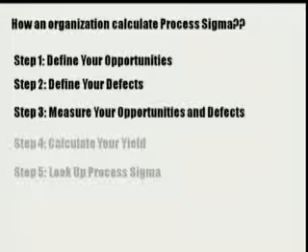Then we move to measuring the opportunities or defects. Now that you have clear definitions of what an opportunity and defect are, you can measure them. You may need to set up a formal data collection plan and organize the process of data collection.